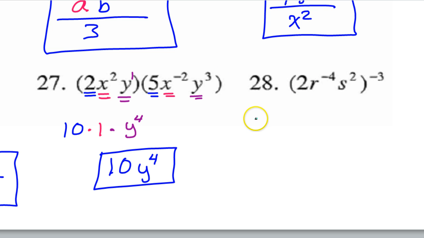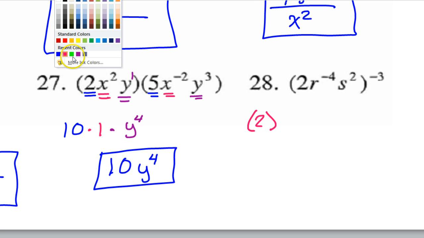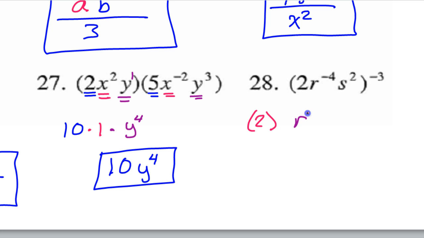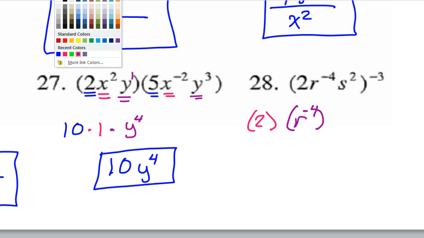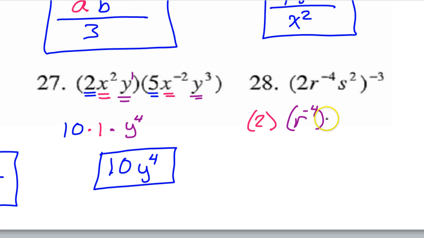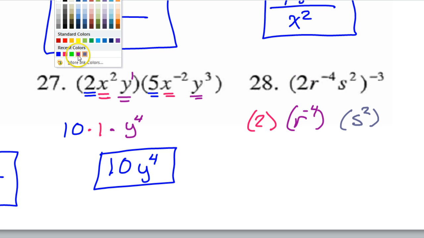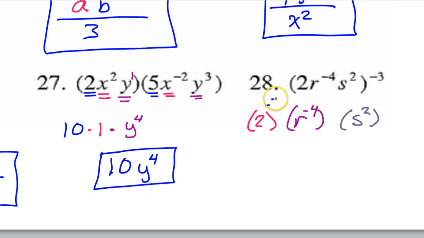Okay, so we have the 2, and then we have the r to the 4th power. I'm sorry, negative 4th power. And then we have the s squared. All right, we have these 3 factors, and all 3 of them are being raised to the negative 3 power. Okay, so we're going to do the negative 3 power here, here, and here.